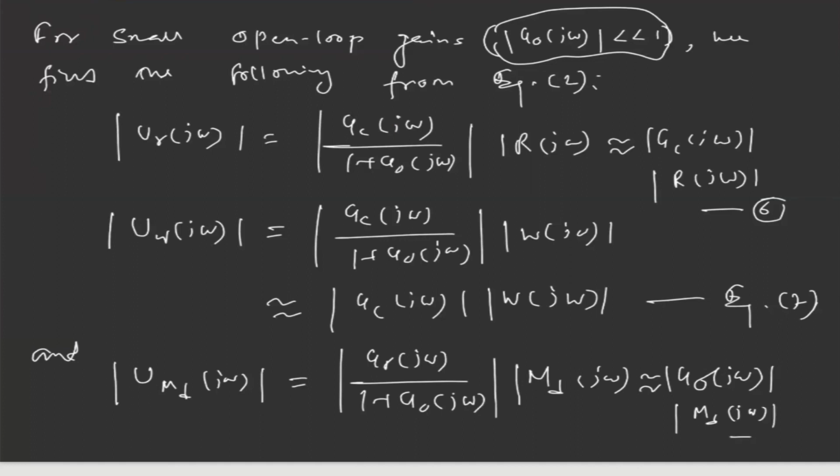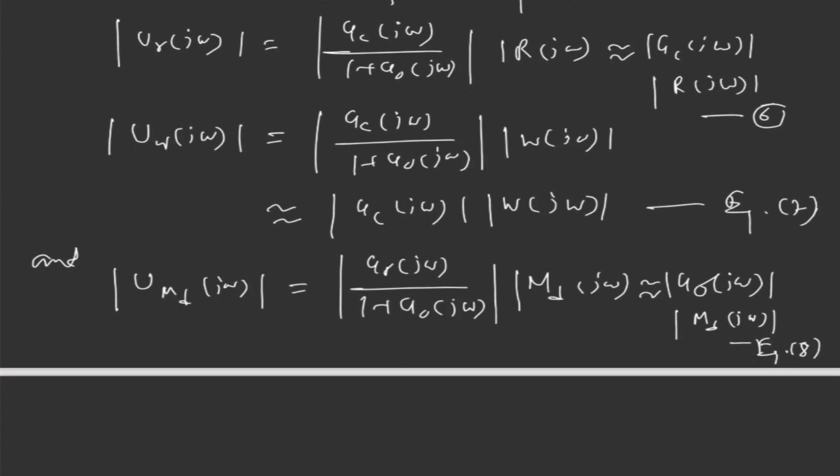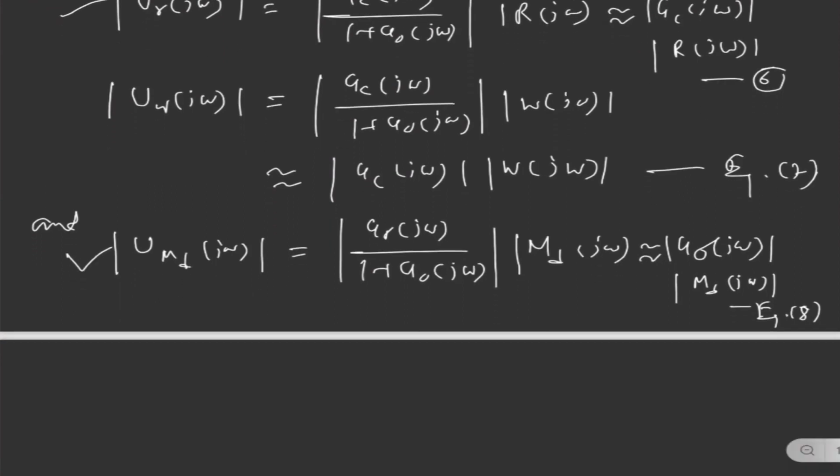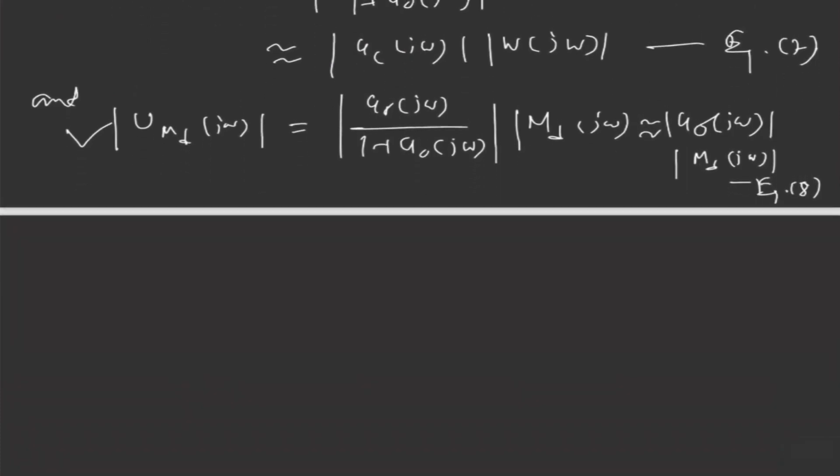Let me denote this equation number 8. Based on these derivations, let me note from equation 7, because in the previous case we were looking at the other parts, so now we'll look at the control effort due to the measurement noise for the small open loop gain.